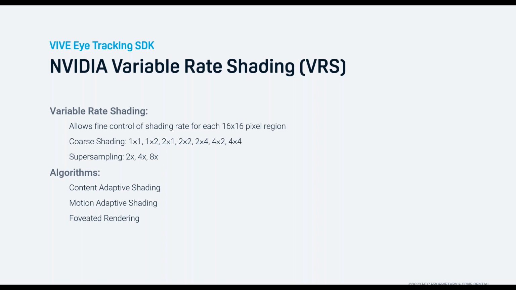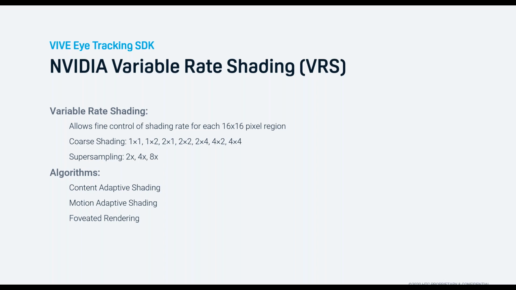There are coarse shading rates, which is the normal 1-to-1 render resolution, as well as lower render resolutions. Super sampling is also available, which increases the render resolution. Generally, you'll be doing coarse shading in the peripheral and blend regions of the foveated rendering, and you'll want to super sample in the foveal region where the user is looking to increase resolution.